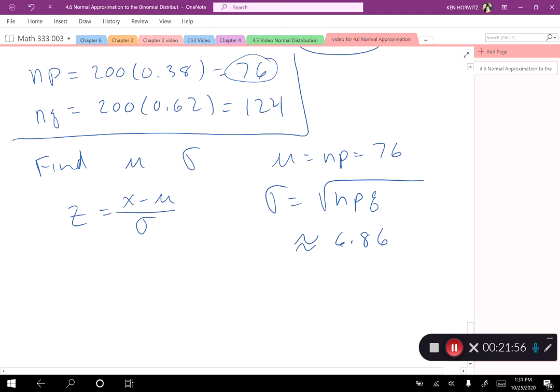So if I'm going to use my continuity correction, I want to know the probability that x is greater than or equal to 69.5.